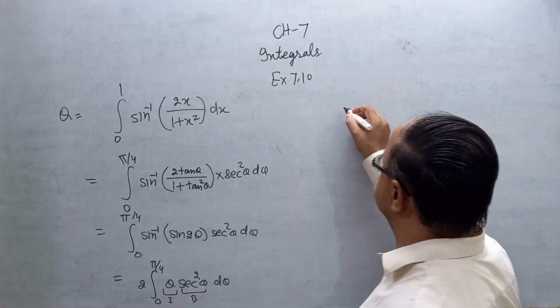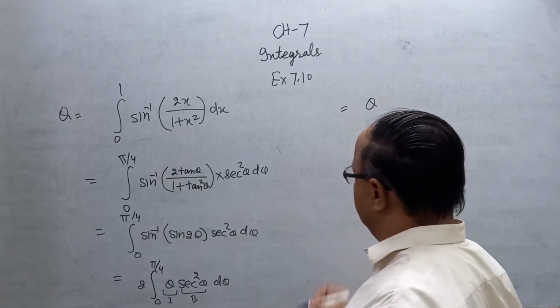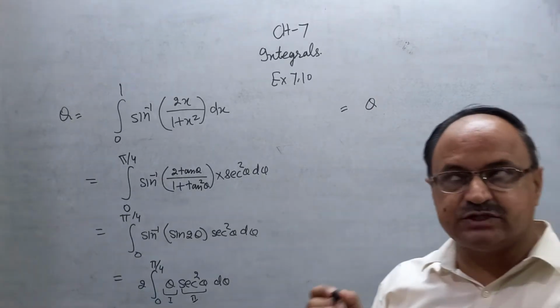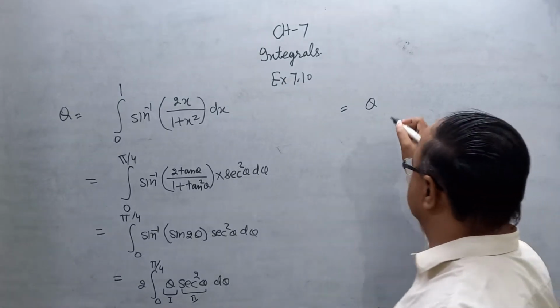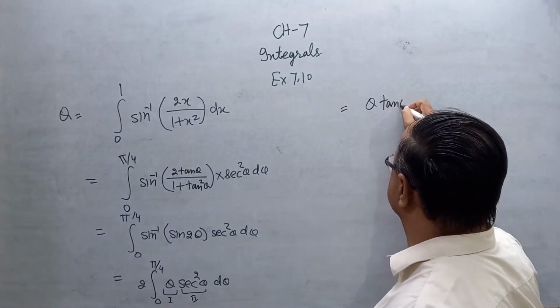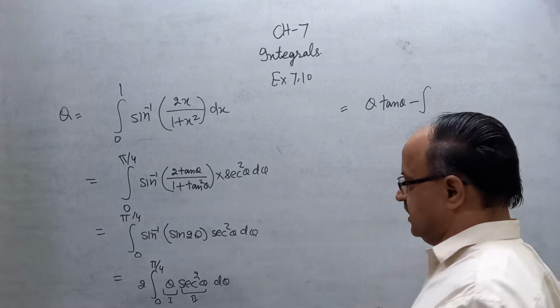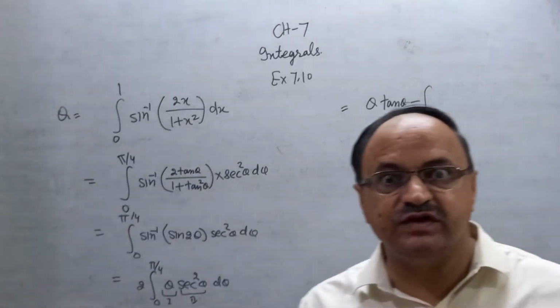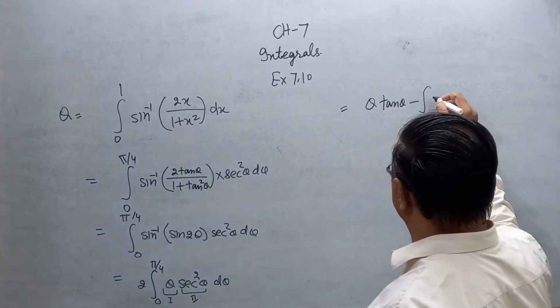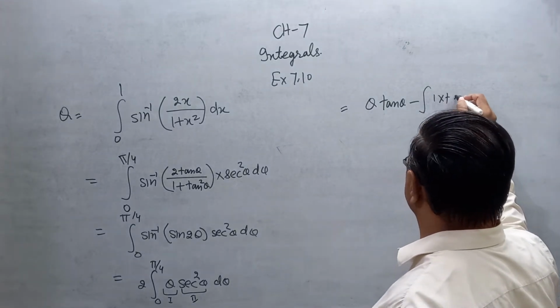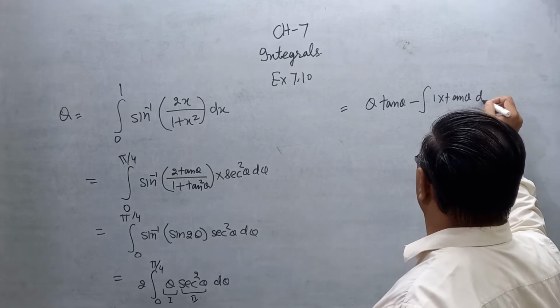First function as it is, and the integration of sec square theta is tan theta, minus the derivative of 2 theta, that is 2, times tan theta d theta.